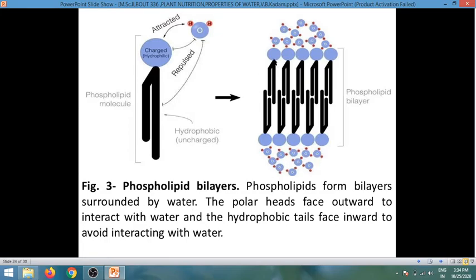Water molecules surround the head side, and both tail sides are the inner sides. The polar heads face outwards to interact with water. See, it is interacting with water, on both sides. And the hydrophobic tails face inward to avoid interacting with water.